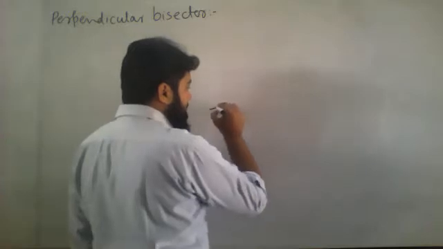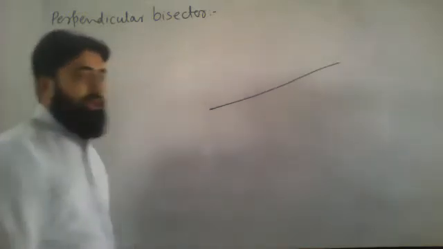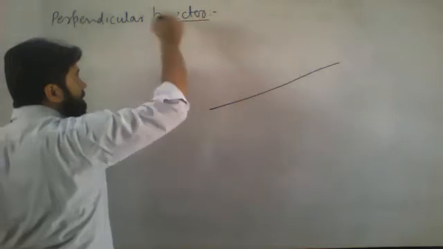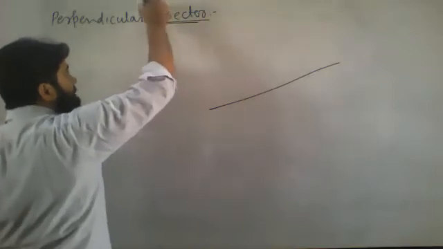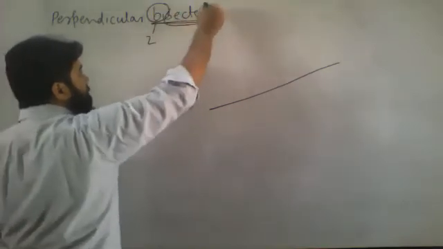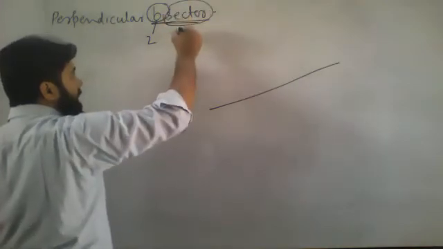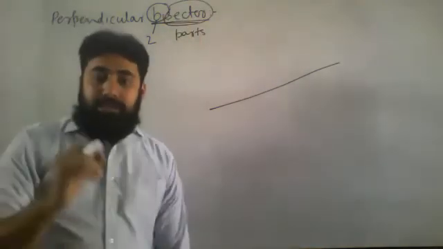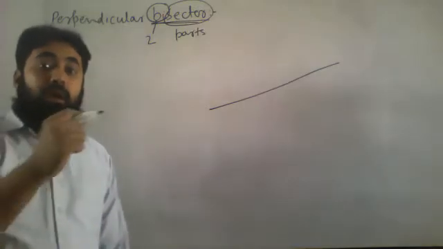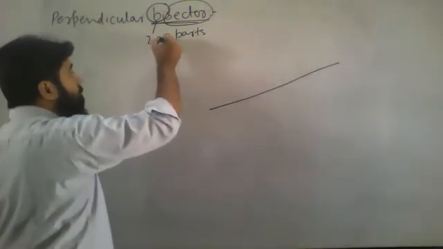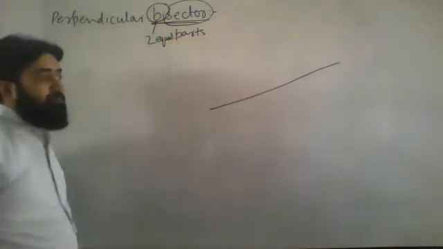Means, for instance, we are having a line. The word bisector: bi means two, and sector means parts. So when we are saying two parts, we are talking about two equal parts.